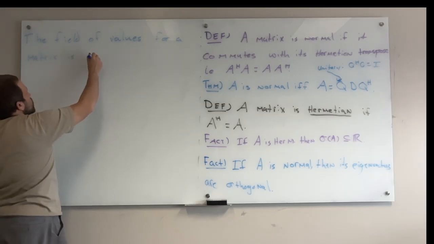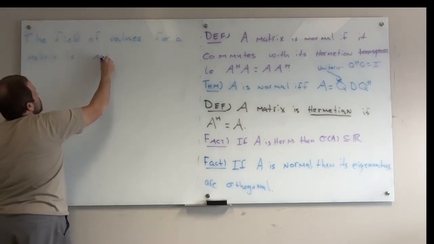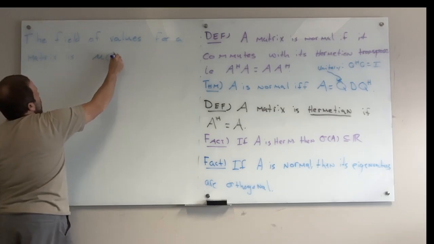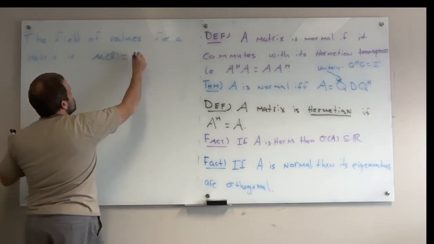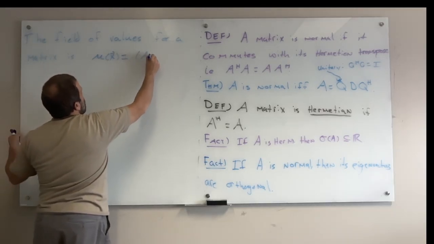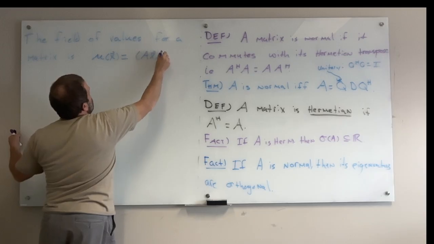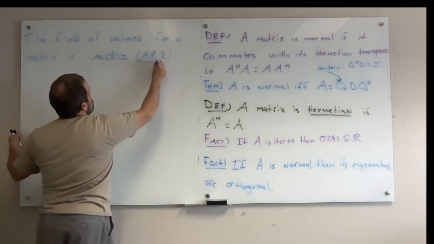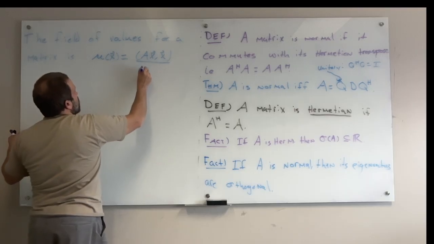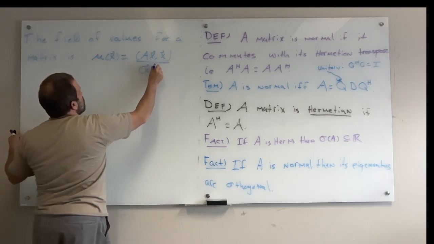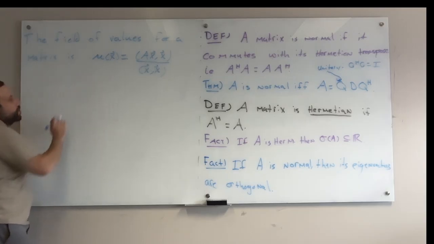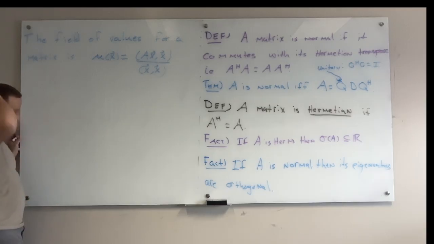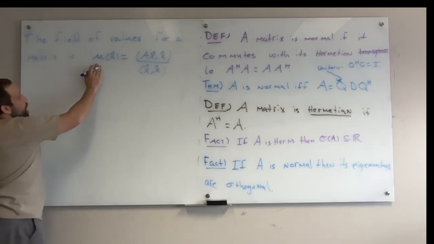We're going to look at this function. The book calls it mu, so it's mu of x. x is going to be an n-dimensional complex vector. This is equal to the inner product <Ax, x> divided by <x, x>. And then the field of values is going to be the range of this function mu.